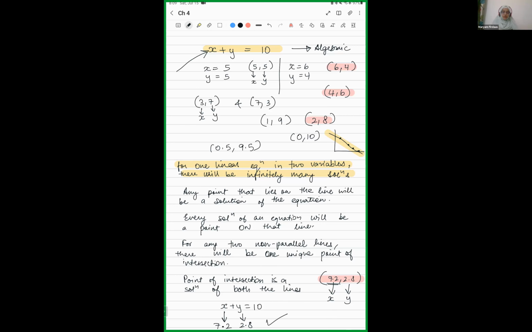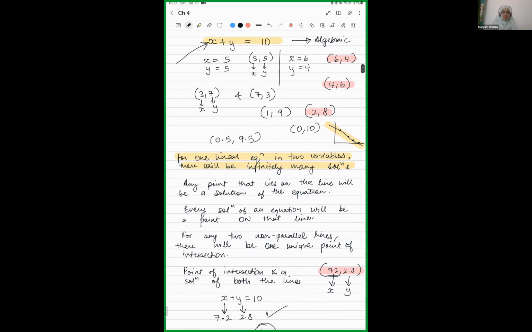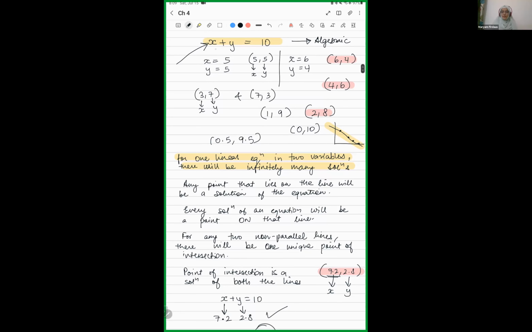See, it's not a big deal, okay? x plus y equals 10 or any other linear equation in two variables. What does that mean? That there is an x and there is a y. There are two variables here, not just one. How many solutions is it going to have? Infinitely many solutions.